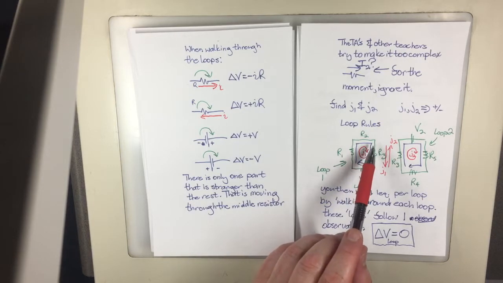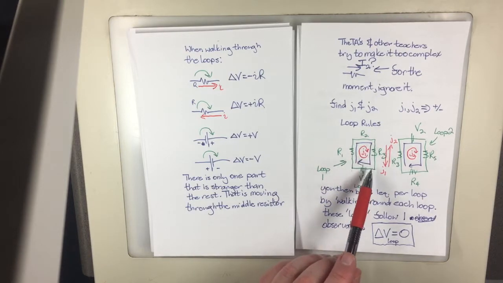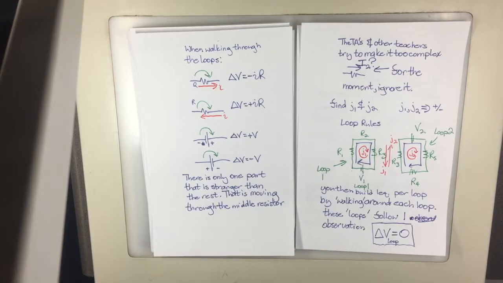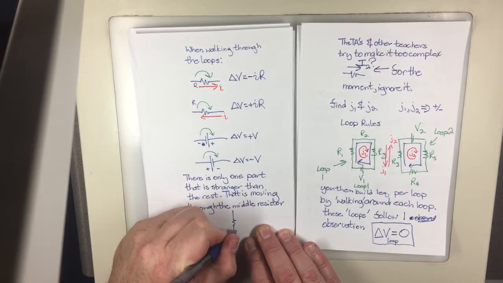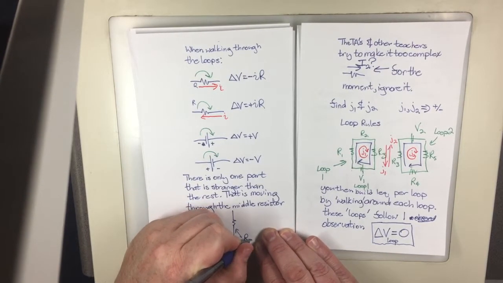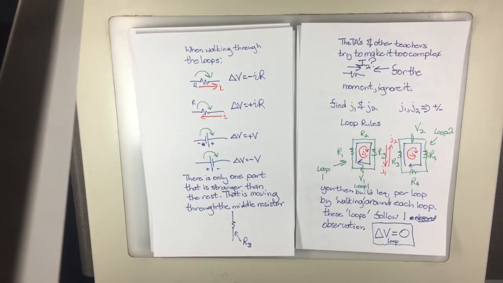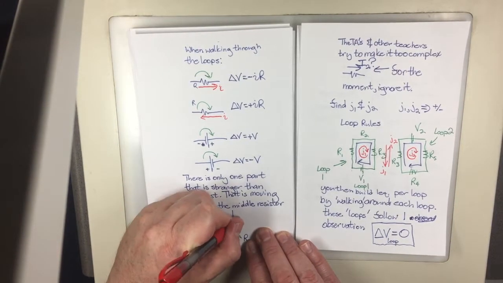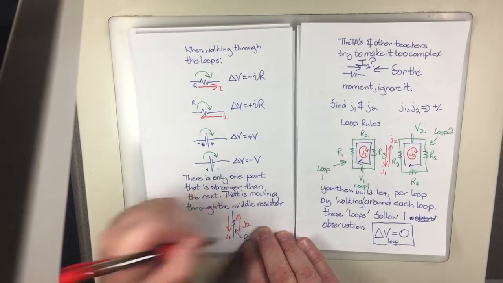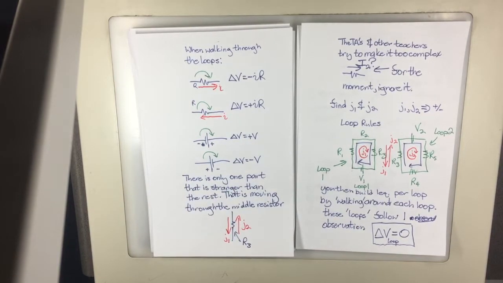So when you go from this point to that point, when you're going through that middle resistor, R3, you have a current J1 going down and a current J2 coming up.